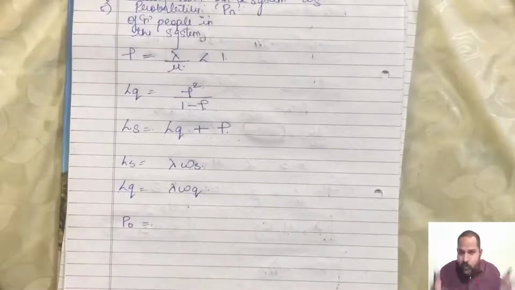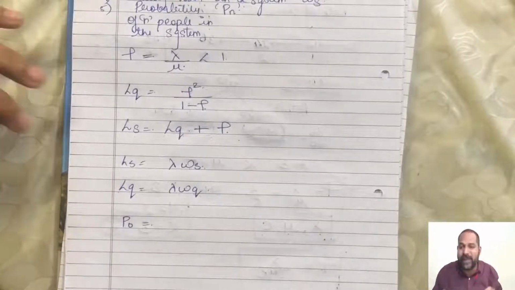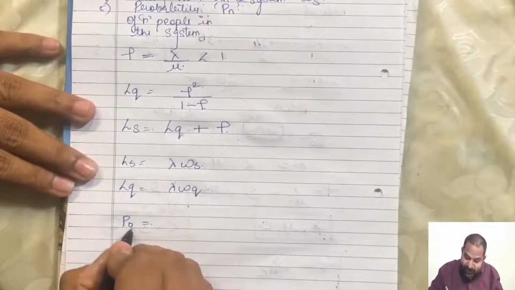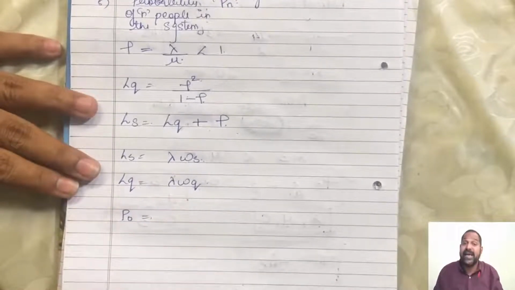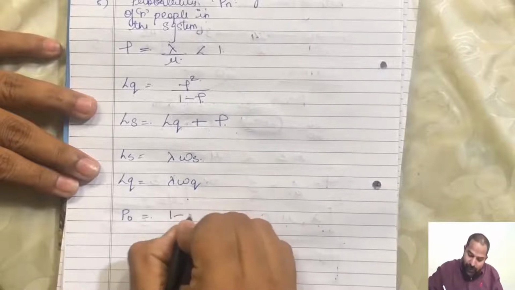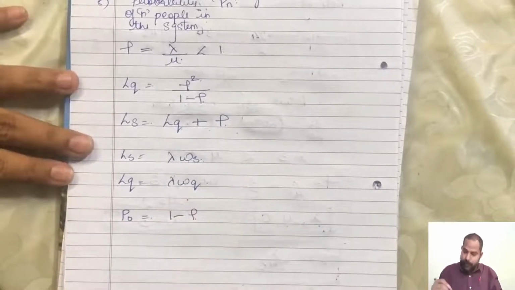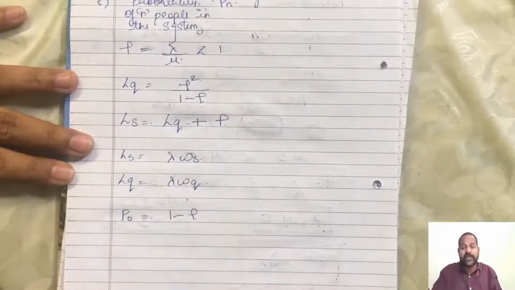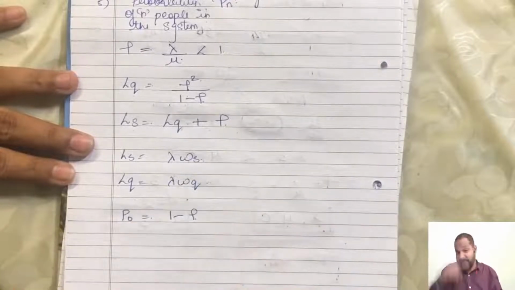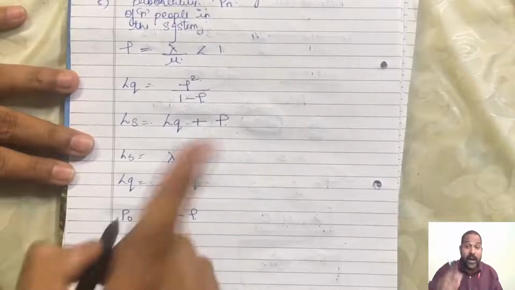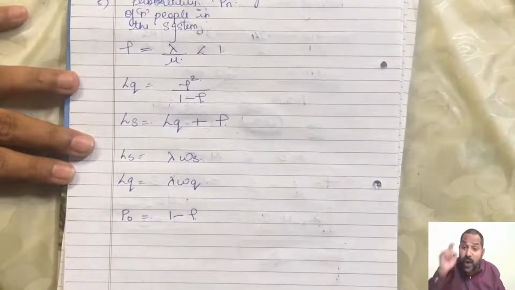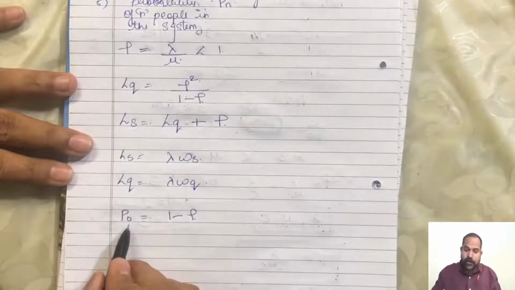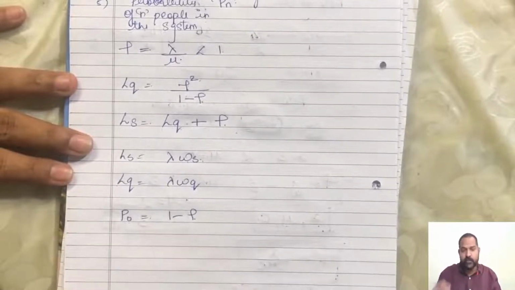If there is nobody to take service, the server is going to be idle. Then the probability that there is nobody in the system is 1 minus the utilization. Because if the utilization is 75%, 1 minus 0.75 is 0.25, which means 75% you are utilized, 25% you are idle. If you are idle, it means that there is nobody in the system. So probability of nobody in the system is 1 minus rho.